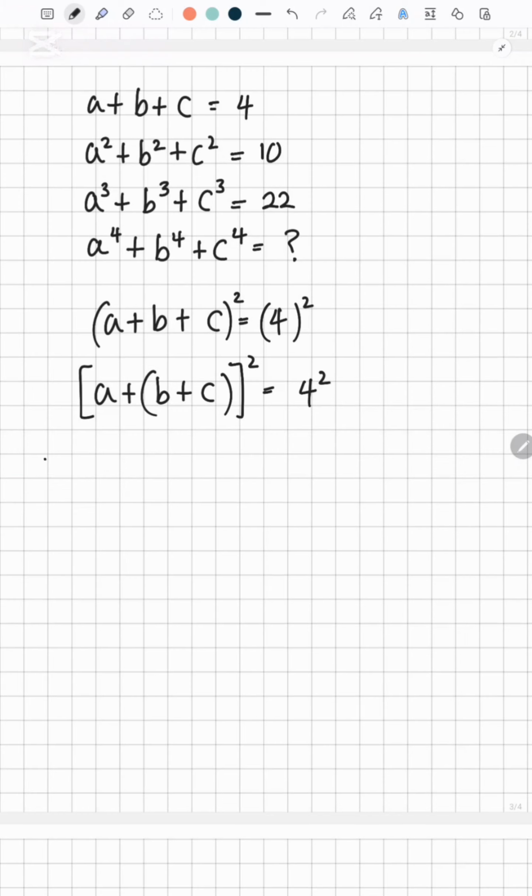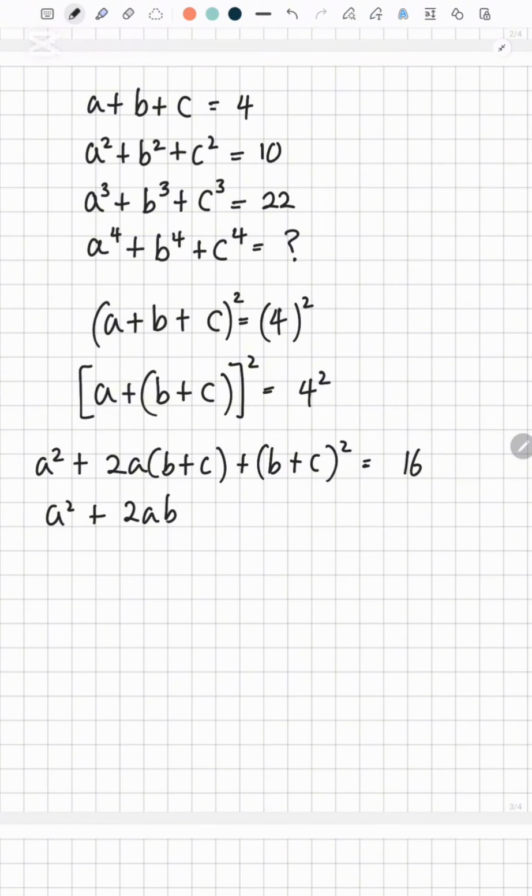So how do you expand this? You get a² + 2a(b + c) + (b + c)² = 16, right? So it's a² + 2ab + 2ac + b² + 2bc + c² = 16.